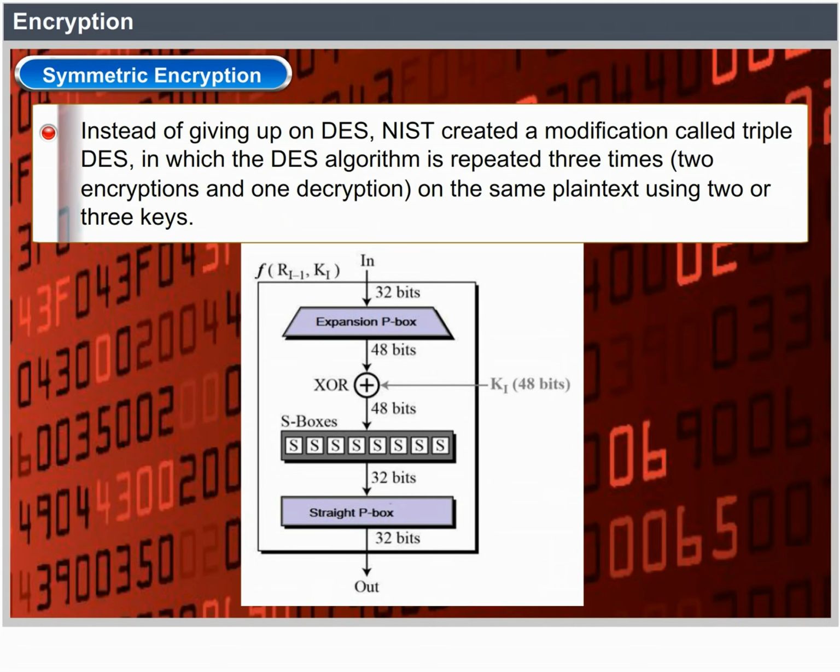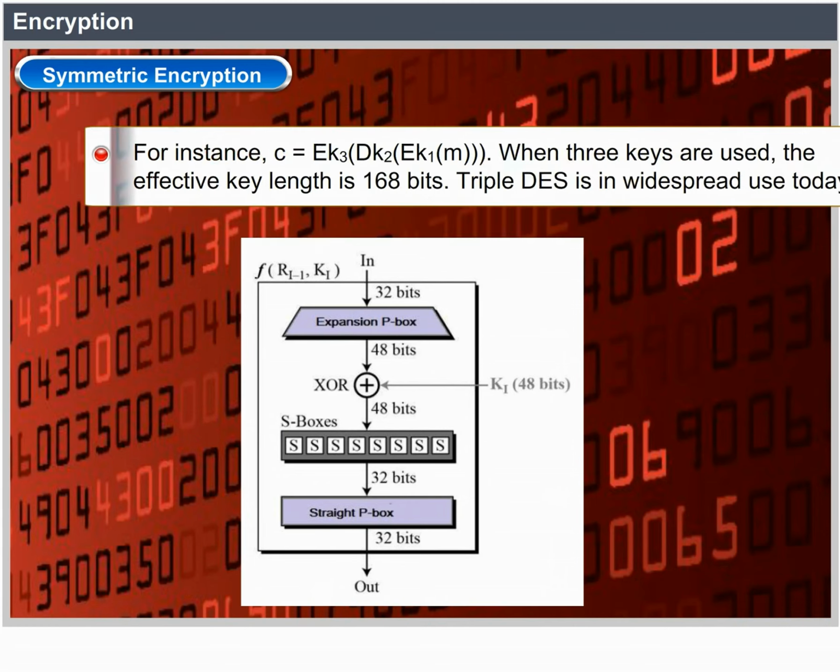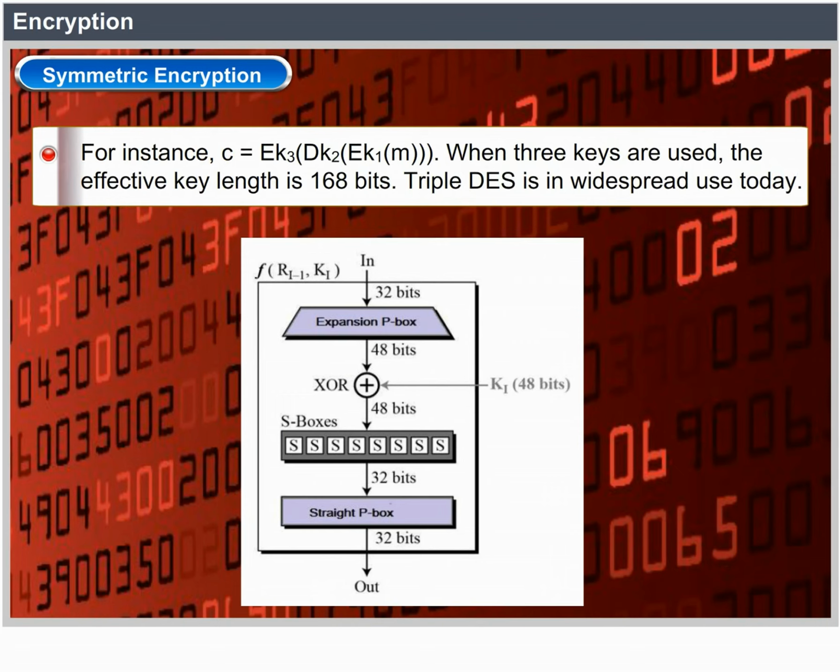For example, C = E_K3(D_K2(E_K1(M))). When 3 keys are used, the effective key length is 168 bits. Triple DES is in widespread use today.